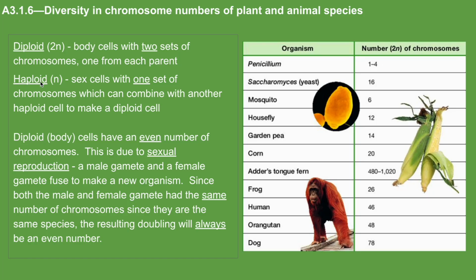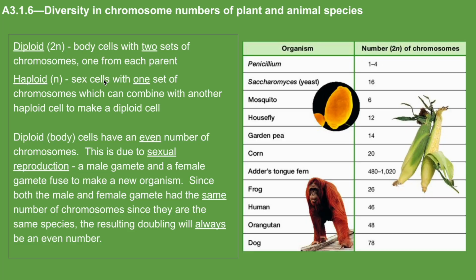They are haploid. They only have half the genetic information. Through the process of meiosis, the chromosomes will split in half so that an egg or a sperm cell only contains half of an individual's genetic information. That then allows for two different sex cells to combine and form a whole, a diploid cell. So haploid plus haploid would make a diploid cell.